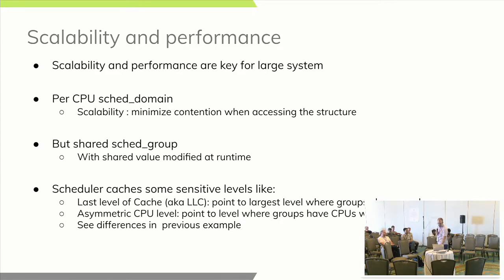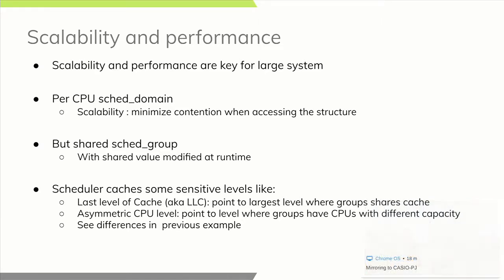We also have some shortcuts, or direct pointers, to some levels of scheduling, like the last level of cache, because we assume that task migration between CPUs sharing their cache is not that costly compared to moving to another socket or another node.